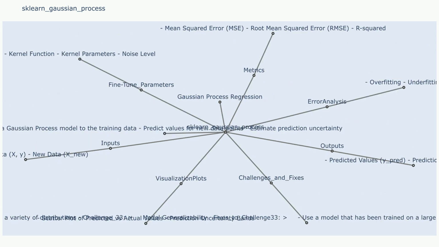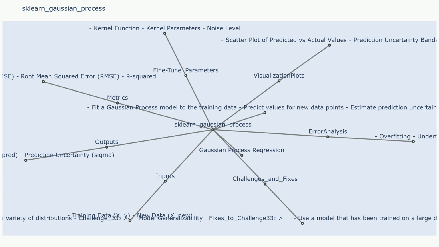Visualization plots. Prediction plot visualizes the predicted output values against the actual values, highlighting the confidence intervals. Kernel function plot visualizes the chosen kernel function, showing how it captures the relationship between input features and output values.